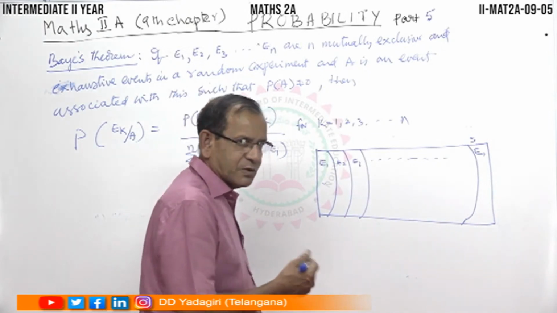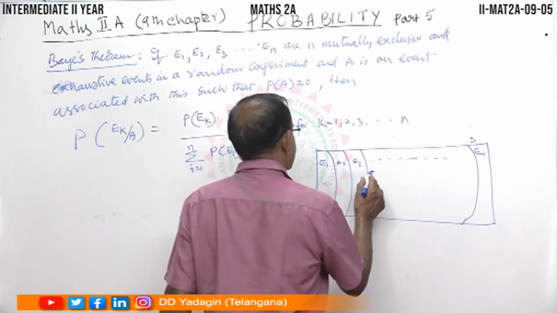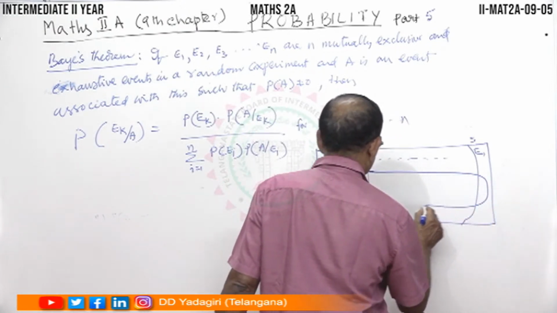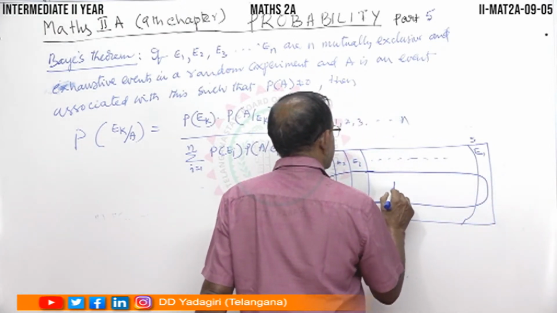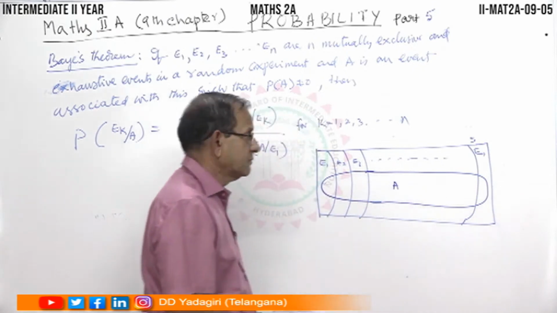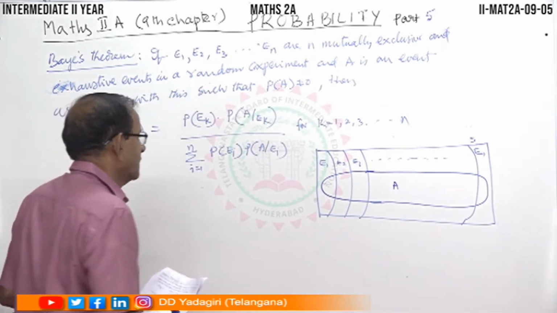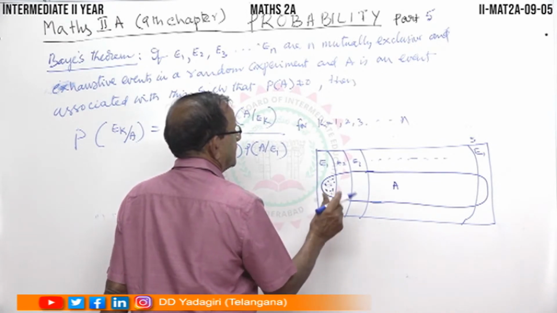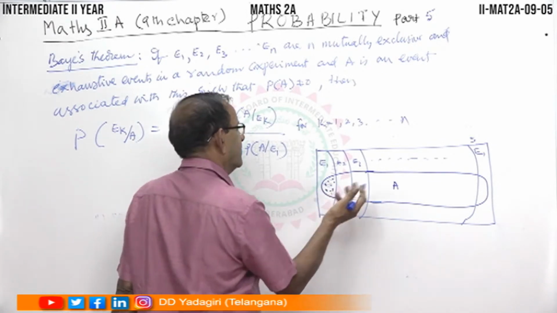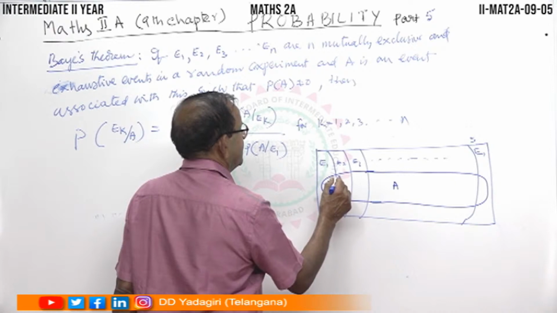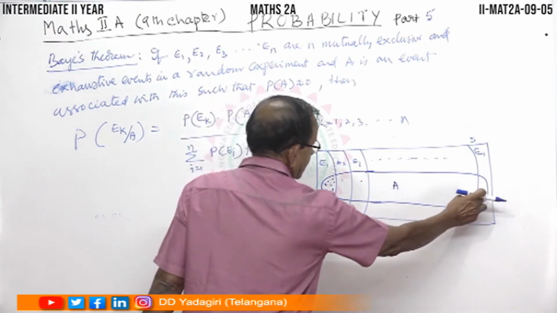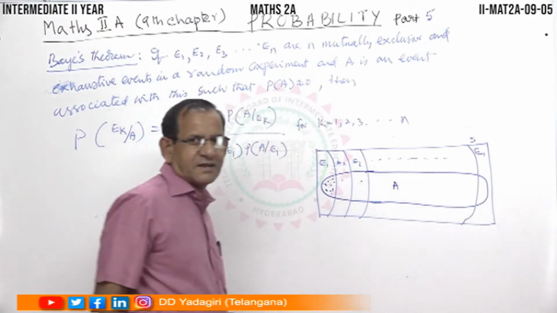Now there is one more event in that experiment, that is A. This part is E1 intersection A, this is A intersection E2, and the last one is A intersection En.